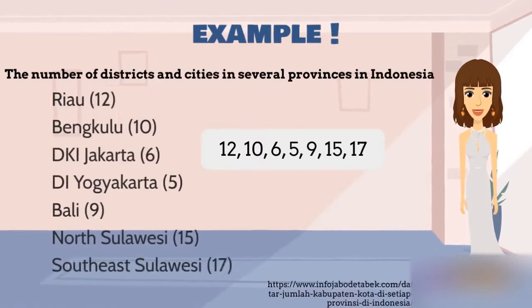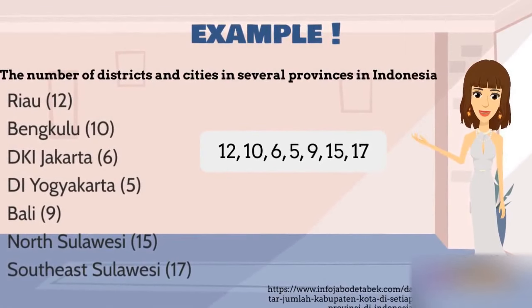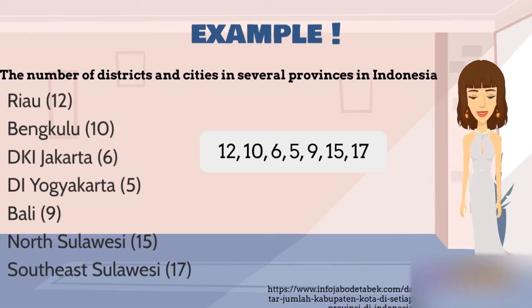Okay guys, so here's the example. The data that I take is the number of districts and cities from several provinces in Indonesia, and this data I take from infojabodetabek.com. As we can see, Riau is 12, Bengkulu is 10, DKI Jakarta is 6, DKI Yogyakarta is 5, Bali is 9, North Sulawesi is 15, and Southeast Sulawesi is 17.